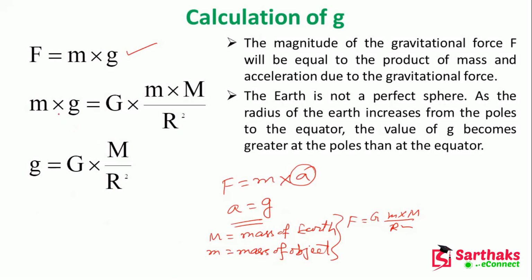If we cancel this m, we get g is nothing but capital G, the gravitational constant, into the mass of the earth divided by the distance from the earth, R square. So this is the calculation of g.